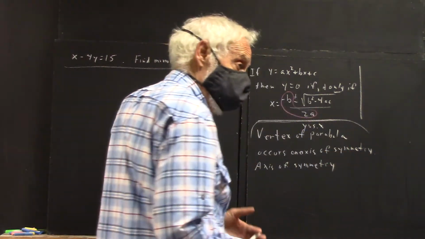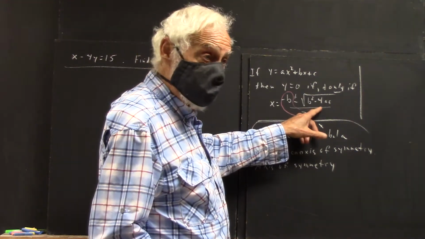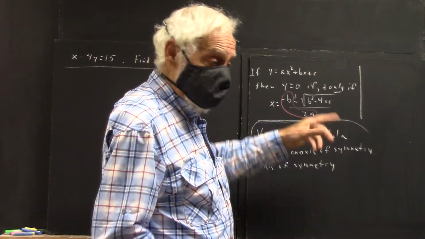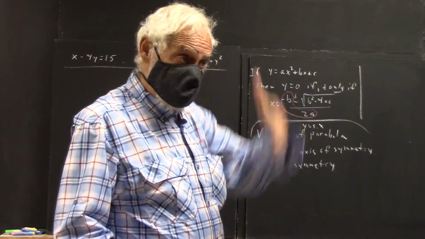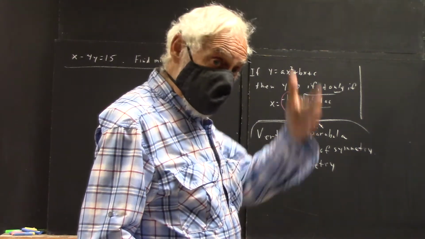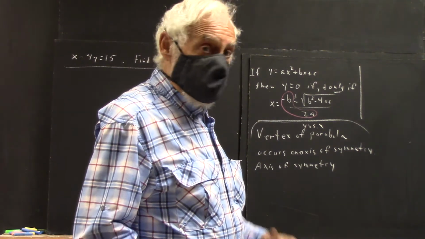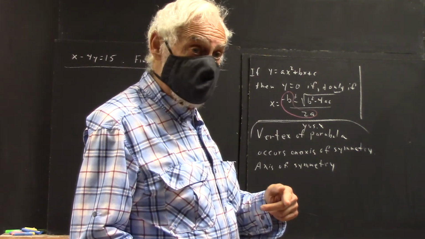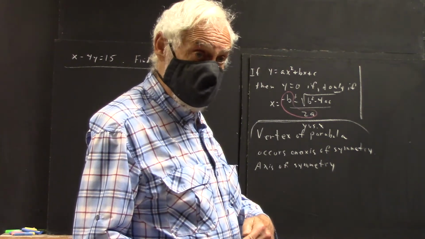I'm not going to repeat except to say that this is where the thing is 0. The graph is a parabola which is symmetric about a line right through the middle of it, basically. Vertical line. And the vertex lies on that line. And the zeros, if they exist, are at equal distances on the other side of that line.